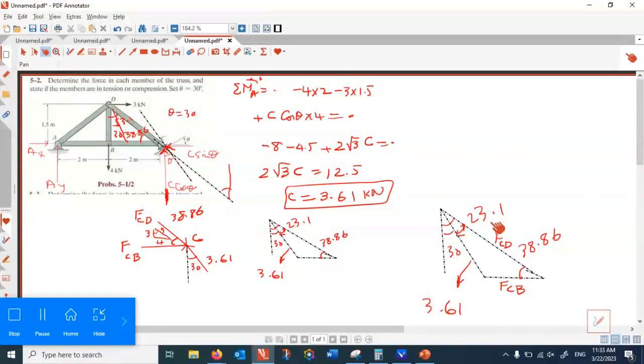All right, so this triangle you can solve, and that gives you the forces FCB and FCD. And once you have them, the next step you can apply method of joint at B, because then having FCB, you transfer that to the next free body diagram. If I do the method of joint at B, that's what you get.